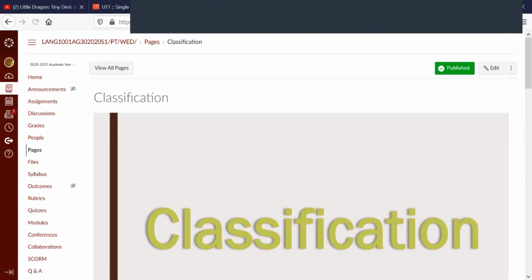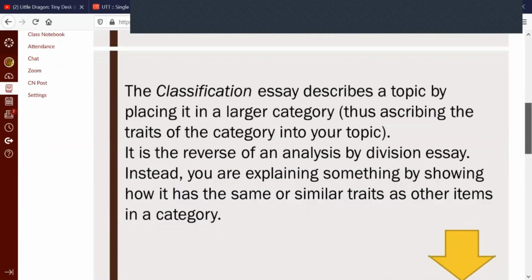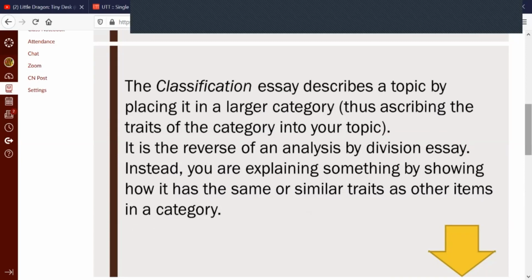So first off, classification. A classification essay is where you explain your topic by putting it in a larger category.